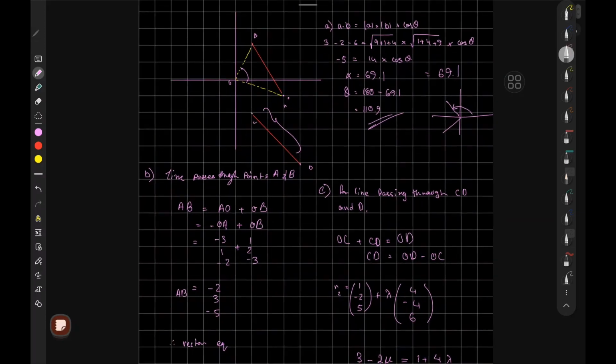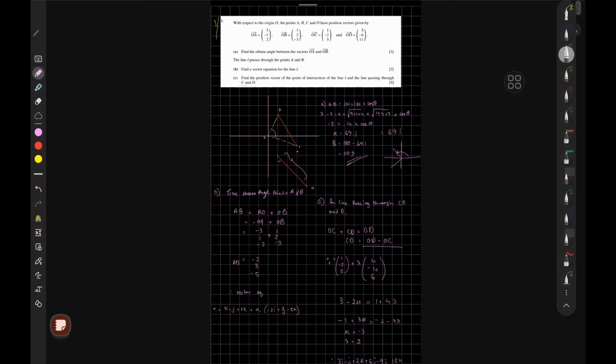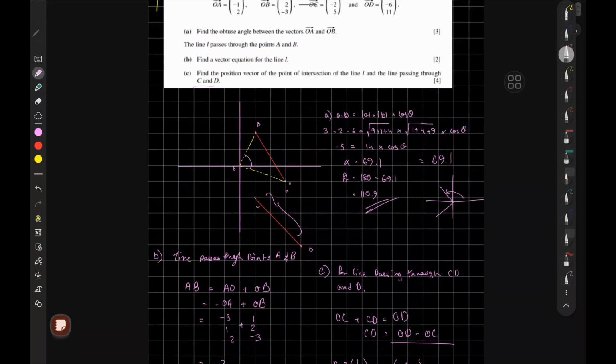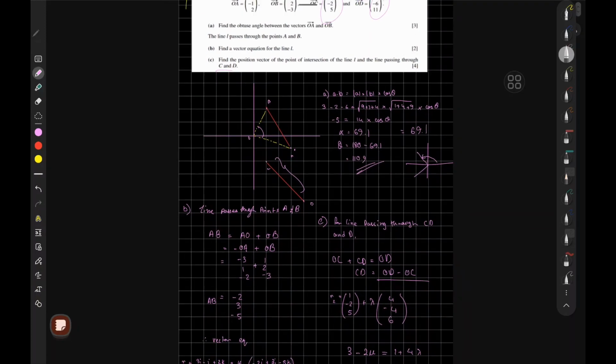So if you know that, you make CD the subject, and now you have the vector for CD, which if you take these values and subtract them, you're going to get most likely 4, minus 4 and 6.